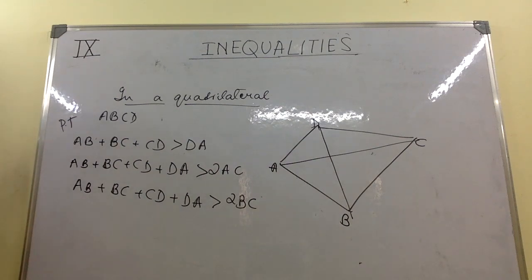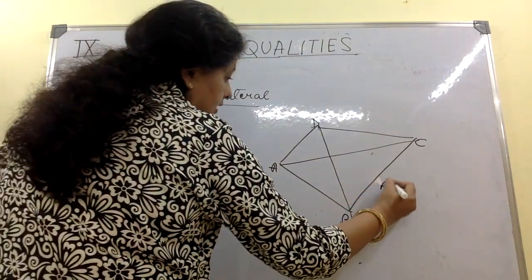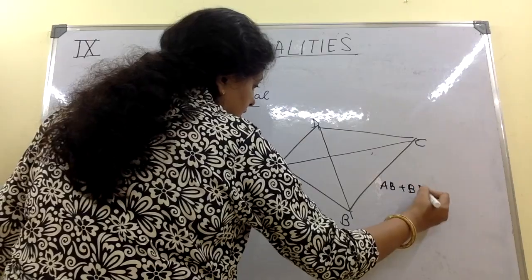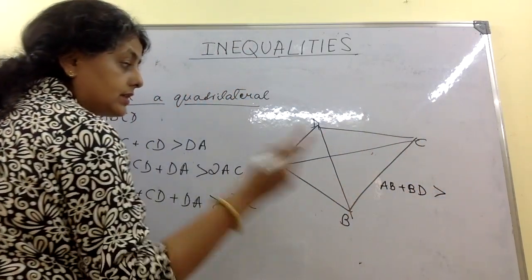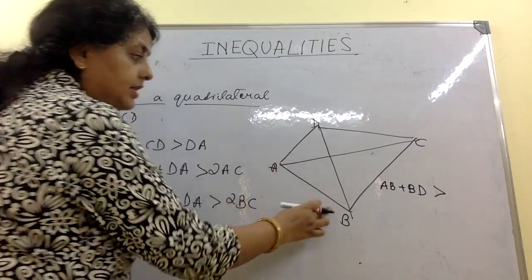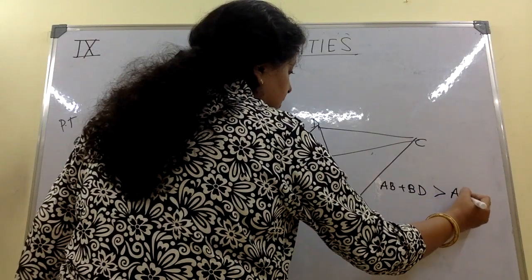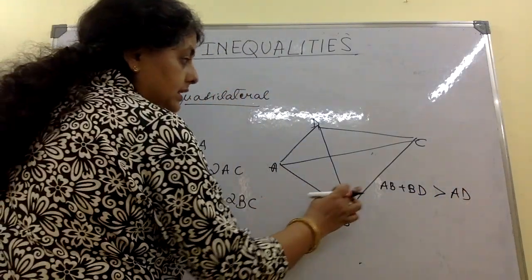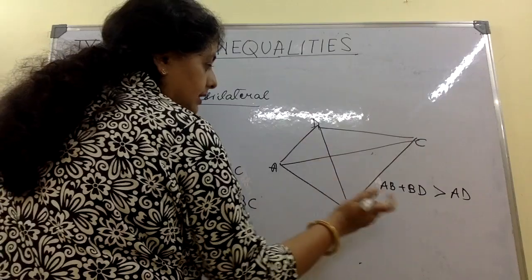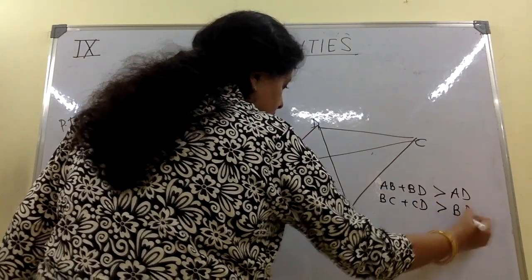How to prove? AB plus BD, in triangle DAB, is greater than AD. And BC plus CD is greater than BD.